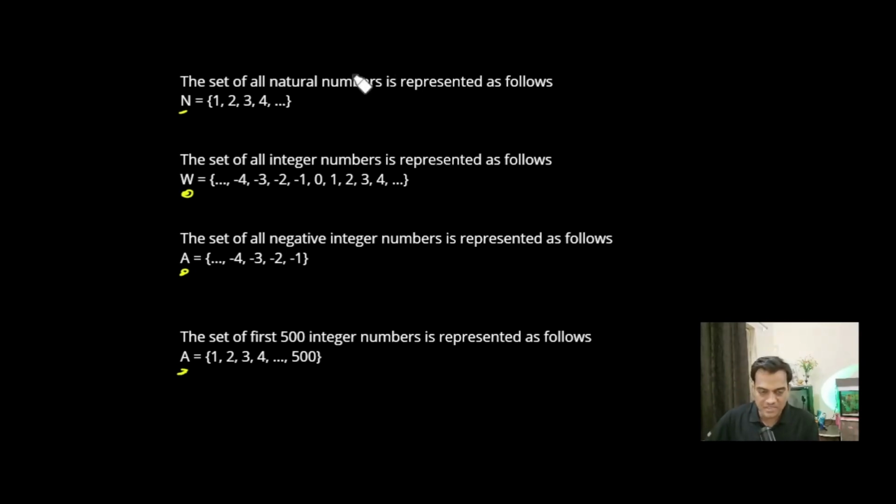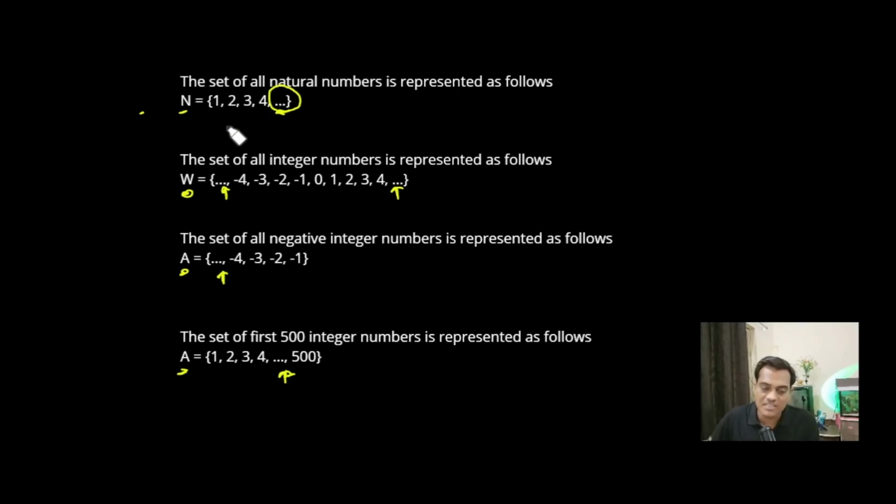Ellipsis is nothing but these three dots. In one case the ellipsis is present at the end of the set. Here the ellipsis is present before the start and after the end of the set. Here it is present in between the set elements.